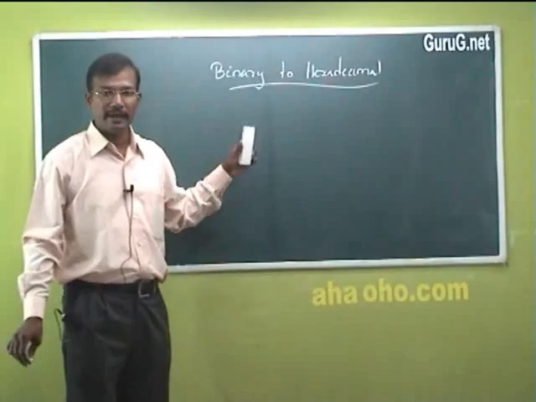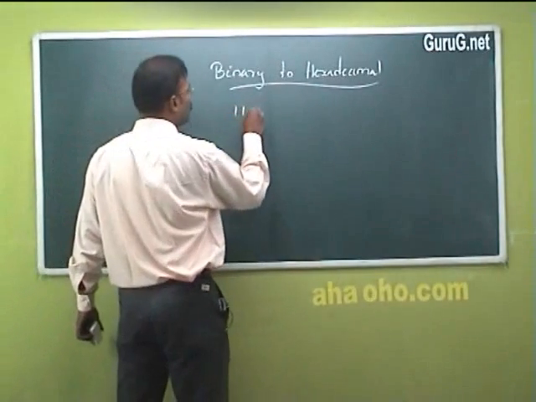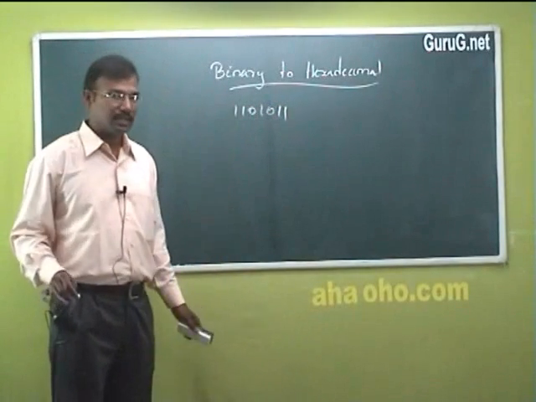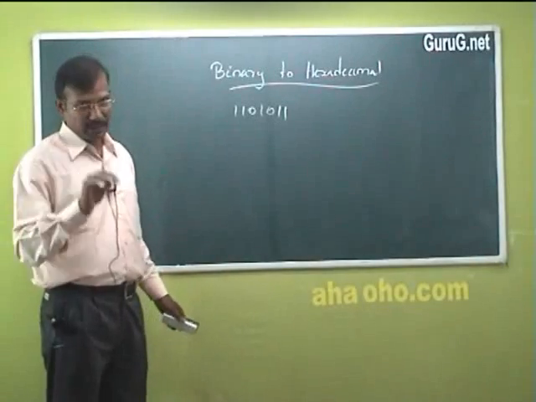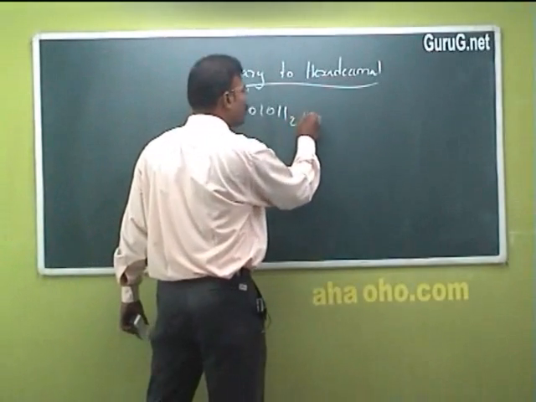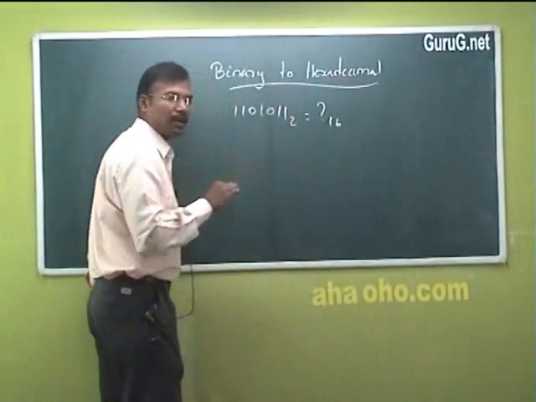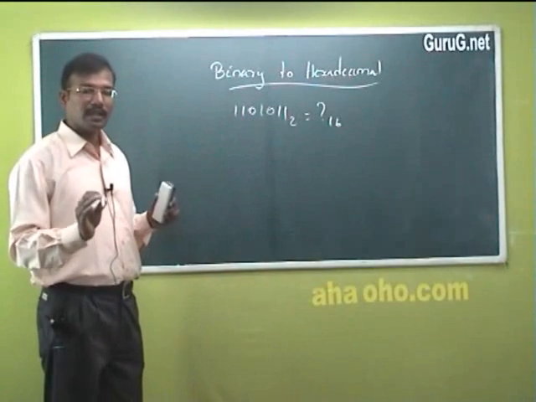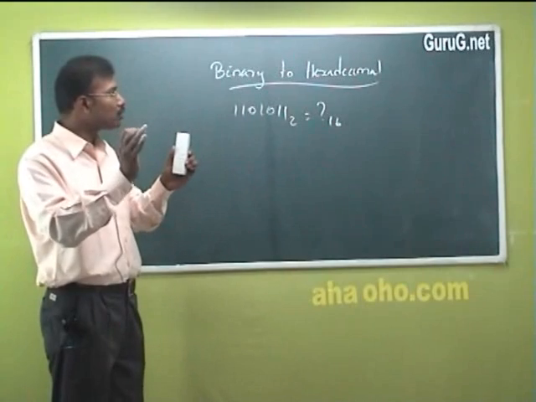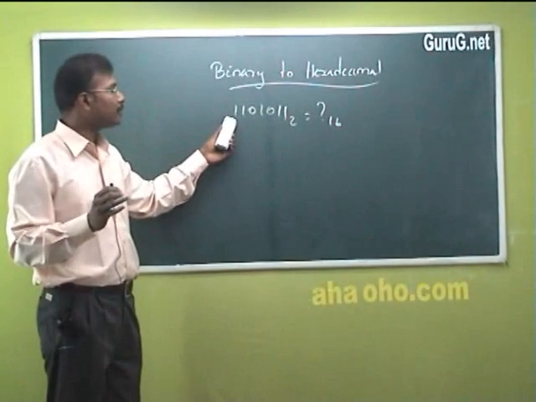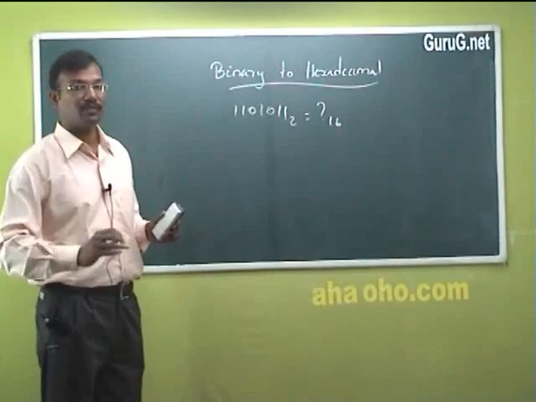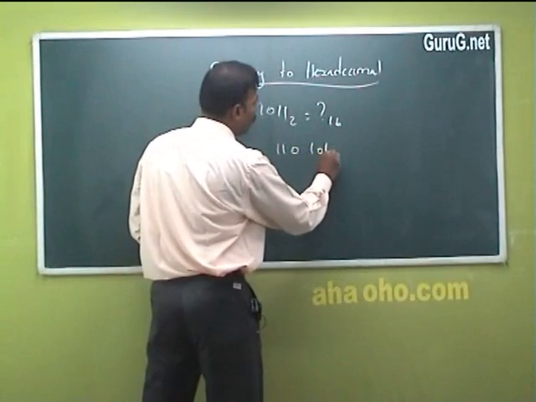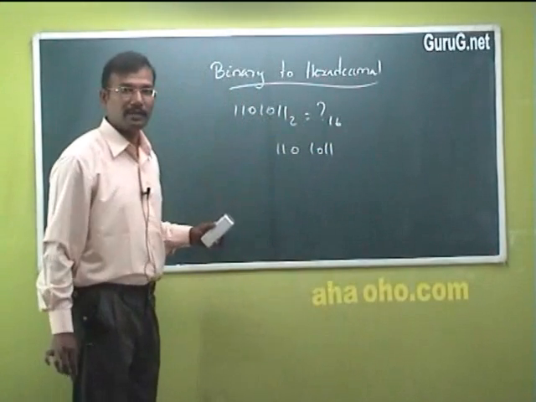Suppose you are given a binary value like this, 1 1 0 1 0 1 1, and you need to convert it into a hexadecimal value. The process is similar to the previous octal conversion. From the LSB, you group the binary number such that each group contains 4 bits. So 1 1 0 1 0 1 1 is the given number in binary form.